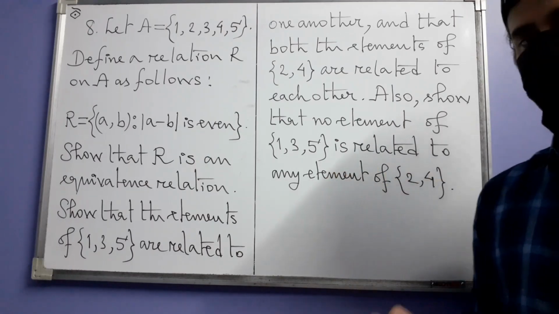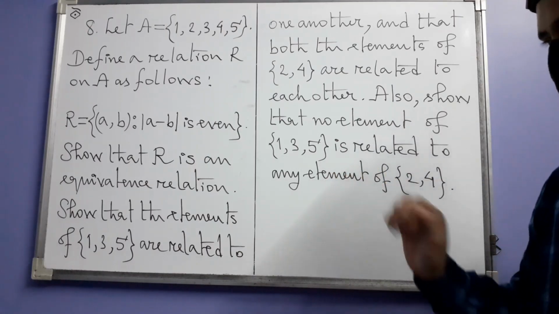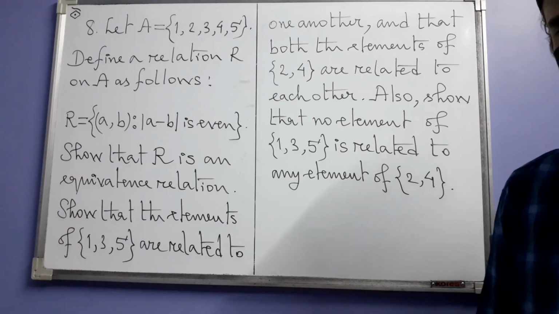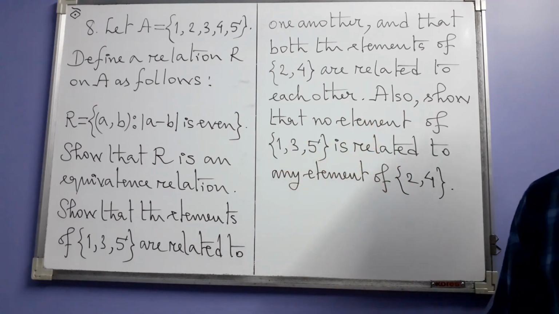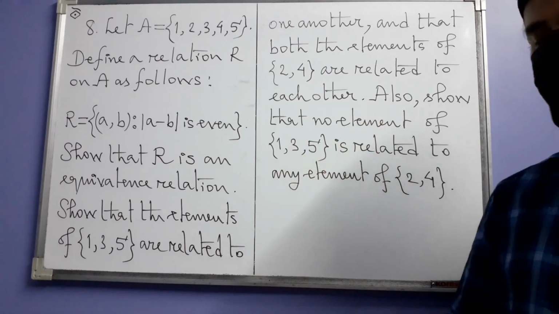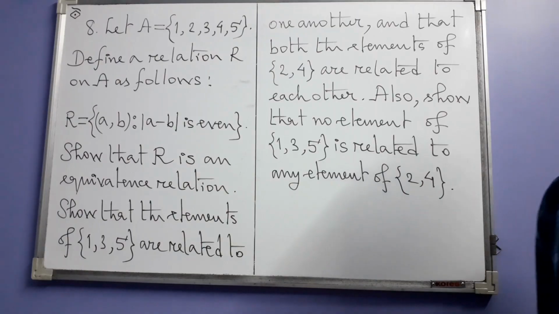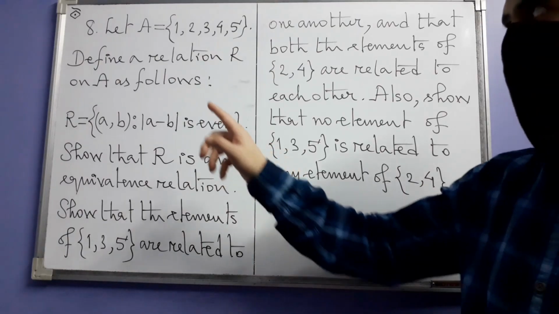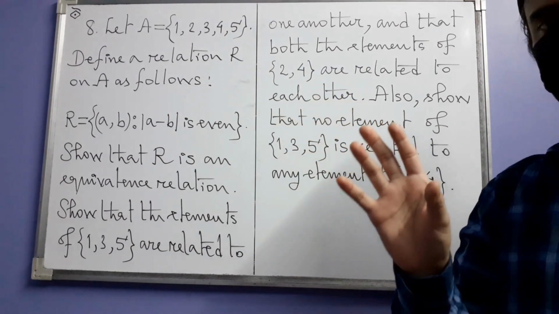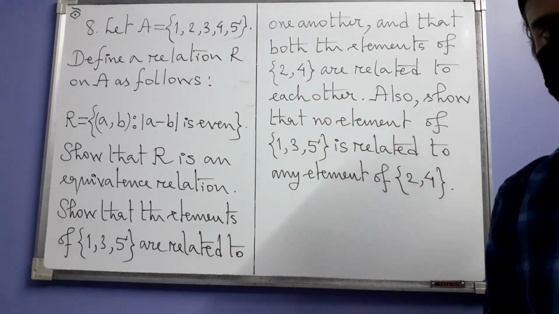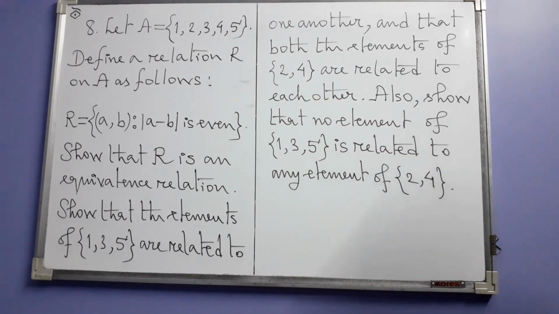In this 8th one, which will be our last problem for today in this video, it seems big because there is something extra to be done besides showing that this is an equivalence relation. So the set on which the relation is defined is this set, consisting of the first 5 positive integers, natural numbers.